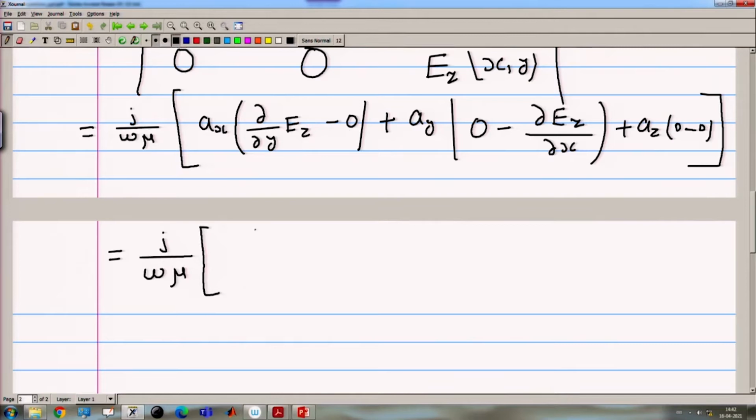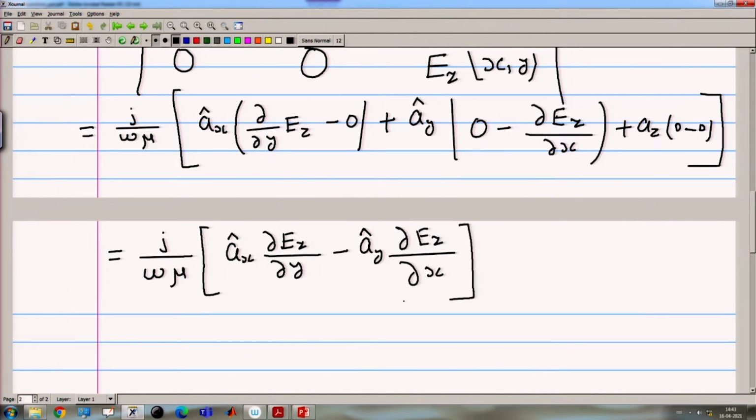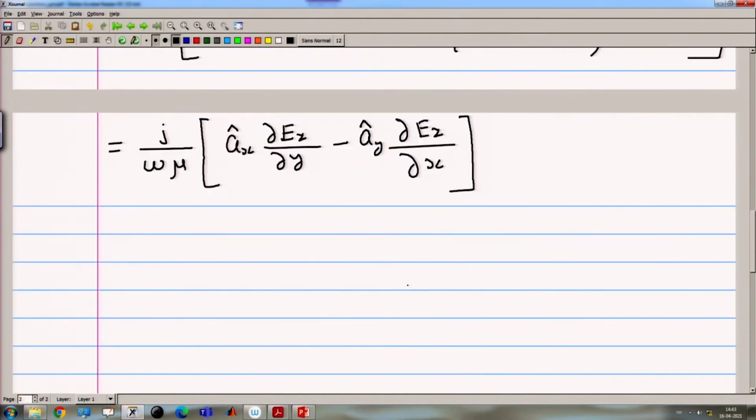So, only a x del of E z by del y minus a y del of E z by del x. These all are vectors. So, this is the H vector: del E z by del y, del E z by del x. So, this we can calculate.